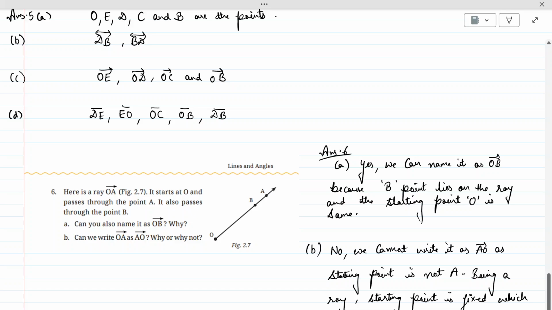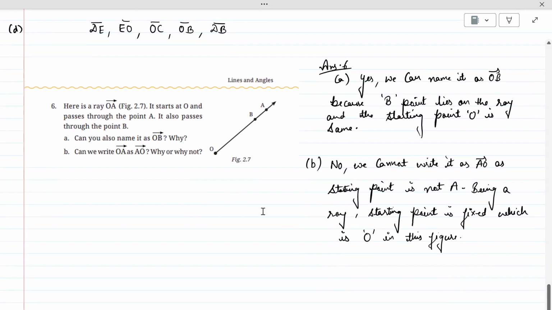I hope this is clear. I will explain again. See guys, this is a ray. Here we are dealing with a ray which has a starting point O. Now, can we write this OA as AO? The answer is no, because O is a fixed point here, but A is not a fixed point.